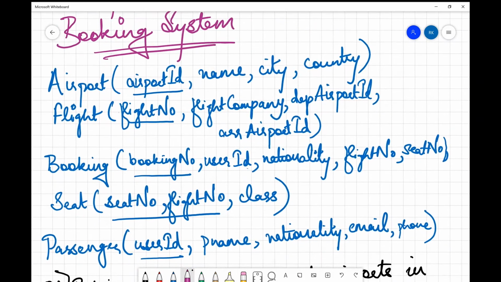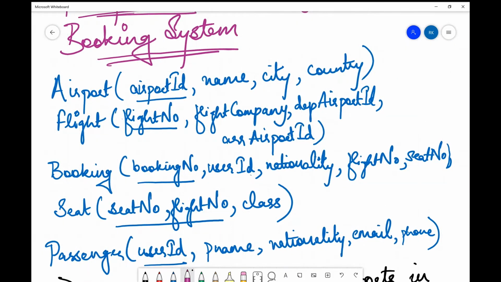So here we have the schema of such a system. Essentially you have these major entities when talking about a flight booking or flight reservation system. Major entities are airport, then the flight, then booking, seat, where the passengers are seated, and the passenger details like the user ID, the passenger name, nationality, email, phone number, etc. Airport basically comprises the basic information about the various airports, for example, the airport ID, its name, the city, and the country in which it is situated.